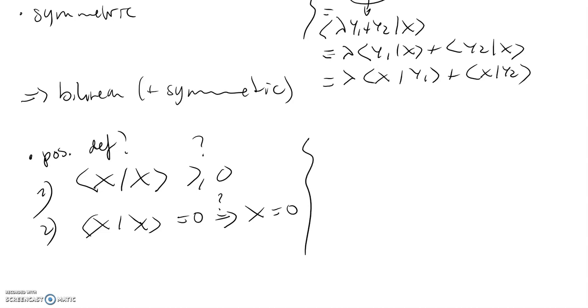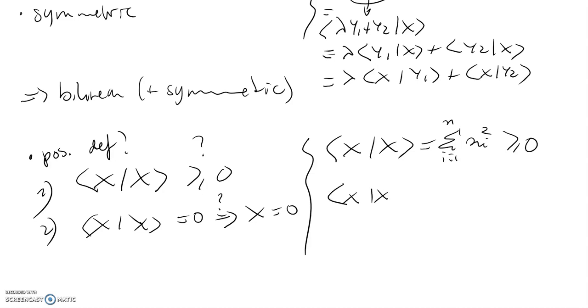Okay, so first of all, let's try that. The scalar product of x with itself is going to be the sum of xi squared for i equals 1 to n. And of course, this is a sum of squares, so it's greater or equal to 0. So the first part of the positive definiteness is no problem. Then what comes next?